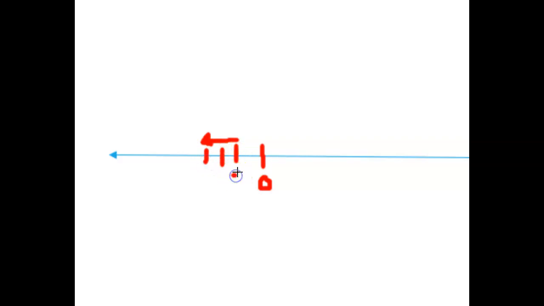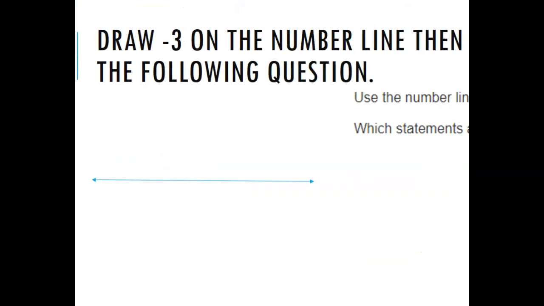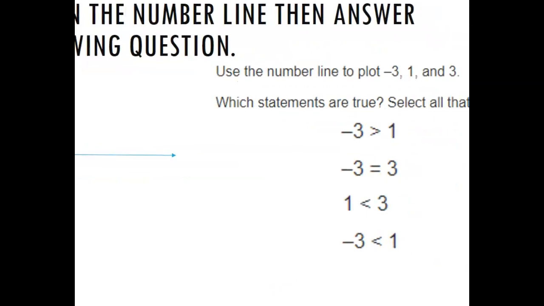So I know this is -1. This is -2, and here's -3. All right, how many of you got that right? And that's where you put -3. Awesome.